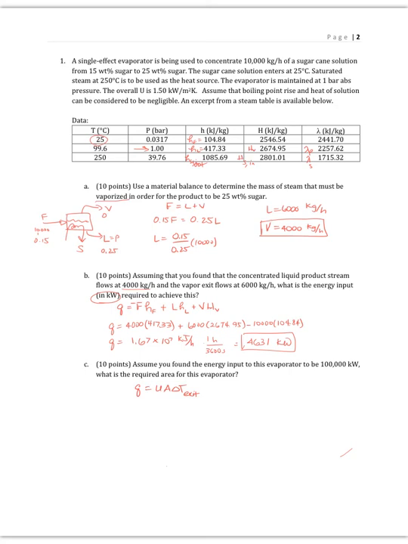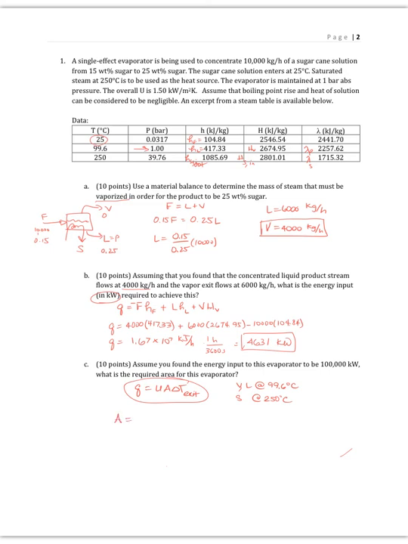My V and L, that exit, they are at 99.6 degrees C. And my steam, its exit, is 250 degrees C. Now remember, this is, because I'm using U, this is the overall heat transfer, so I want overall delta T's.